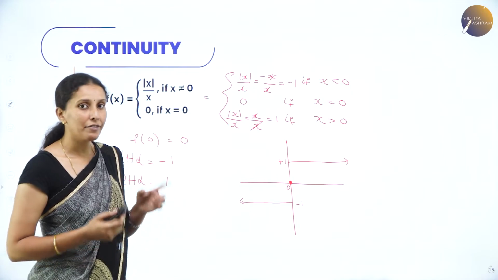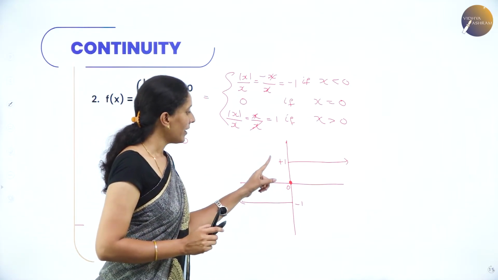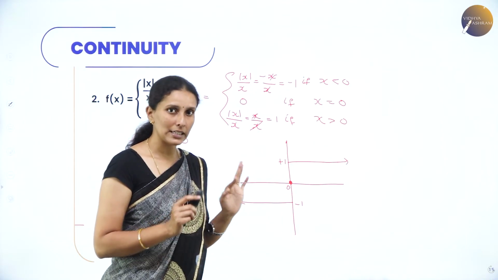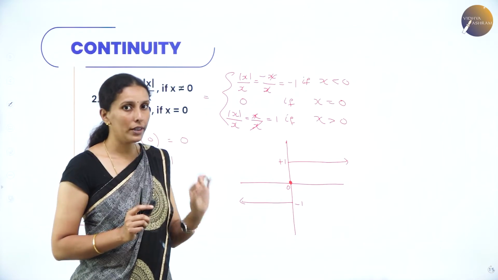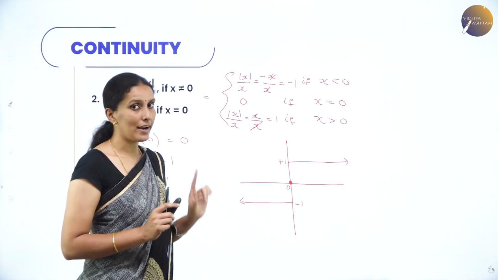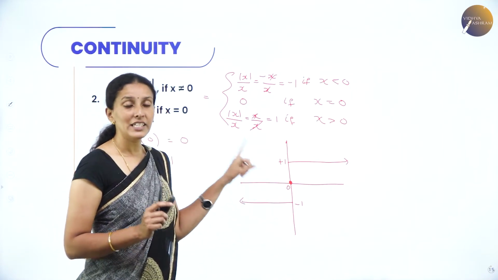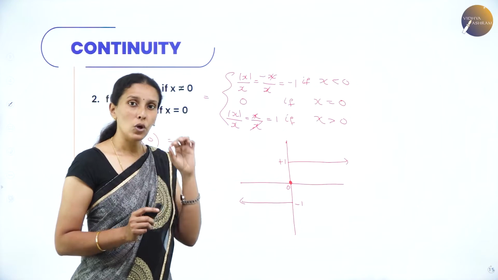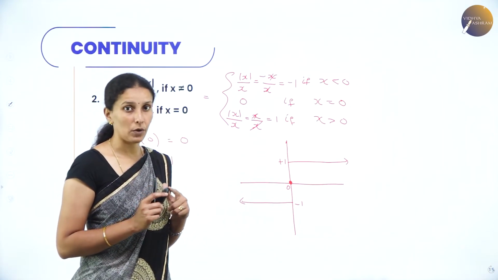From the graph, you can clearly see that at points greater than 0 it is continuous, and at points less than 0 it is continuous. That is, for all the points x greater than 0 as well as x less than 0, it is a continuous function. But at the point x equal to 0, it is discontinuous. Therefore, the only point of discontinuity for this given function is x is equal to 0.